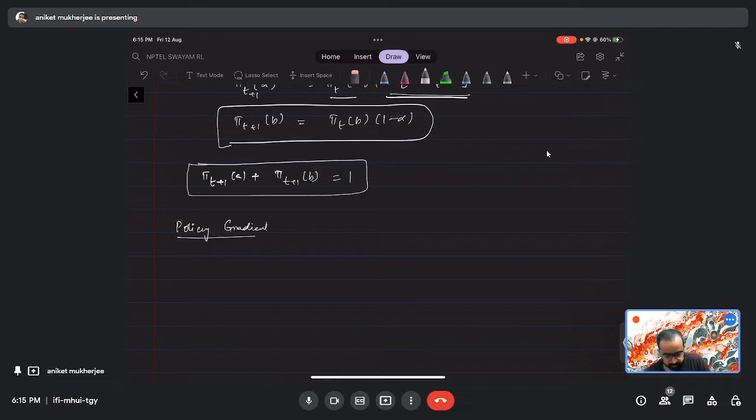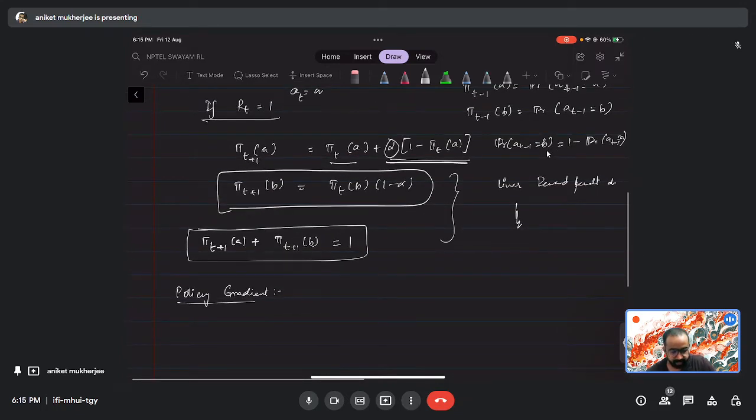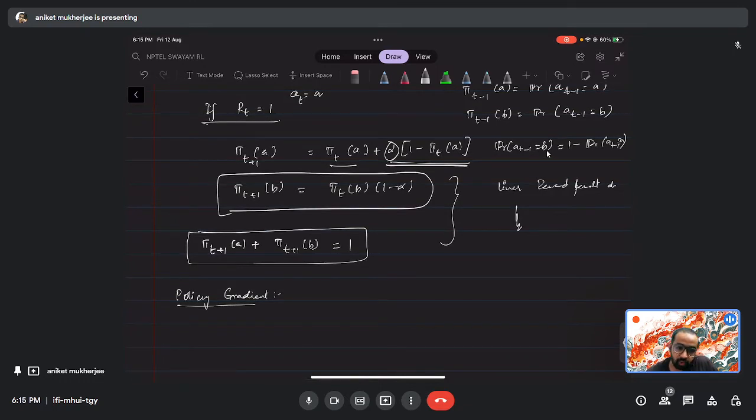Here sir did a bunch of algorithms like linear reward-penalty, and there were some other things. Sir gave multiple algorithms depending on what alpha and beta should be: when r_t is equal to 0, with what rate you should decrease the probability, that is, penalize for getting a bad reward, and with what rate you should increase the probability of picking the action if you get a good reward.